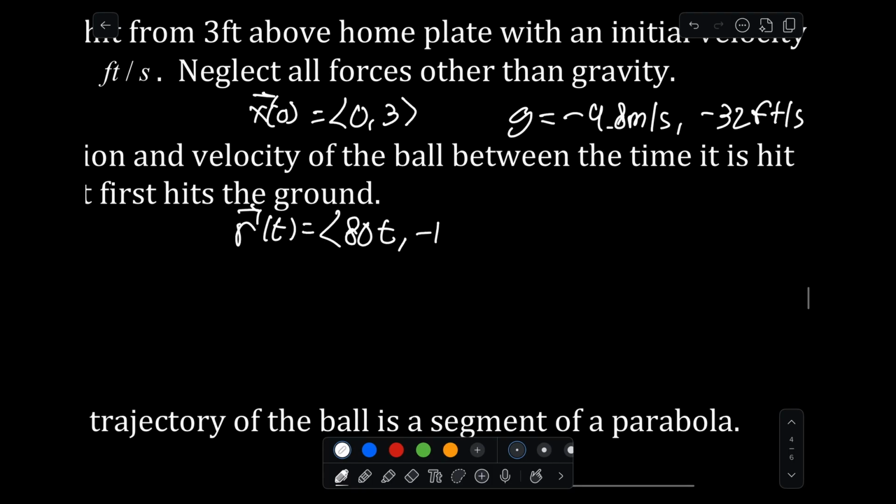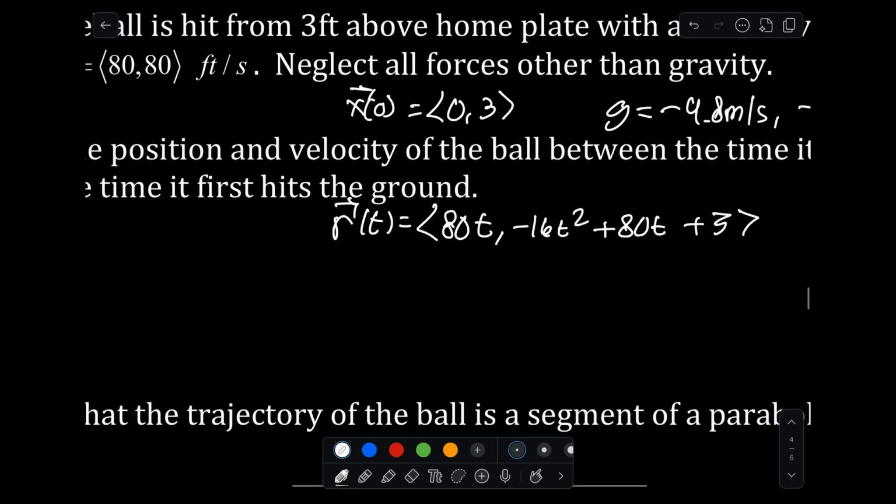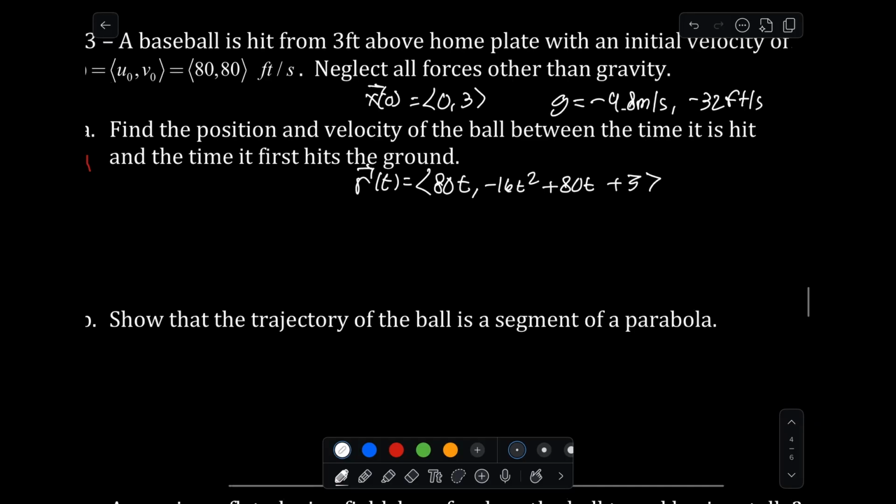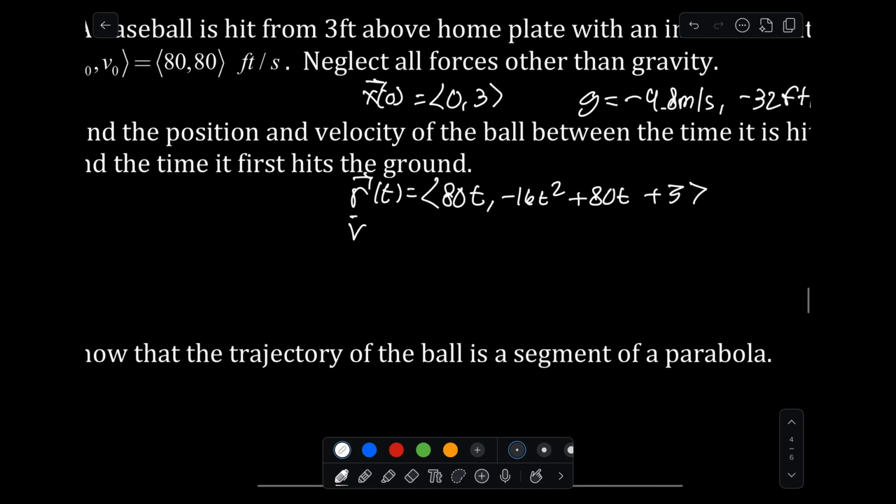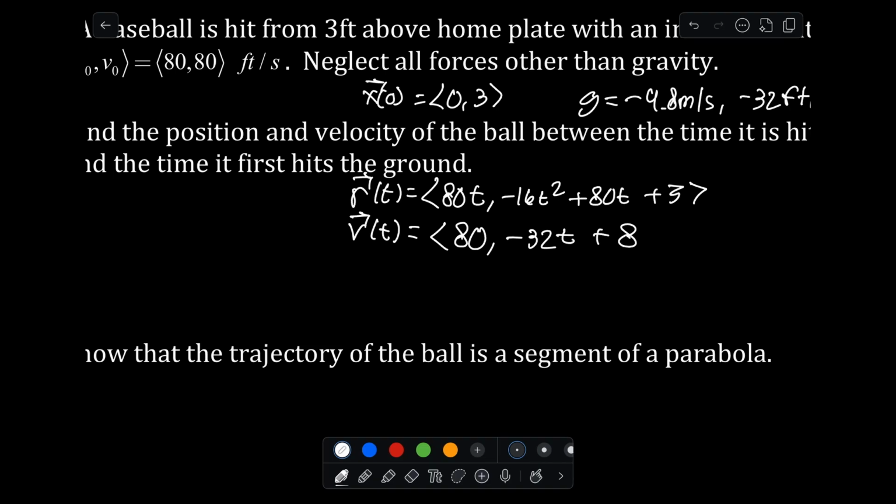So it's going to be negative 16t squared plus 80t plus 3. And then we take the derivatives to get the velocity vector. So we're going to get 80, which checks out, and then we get negative 32t plus 80, and then 3 is a constant, so that's all good.